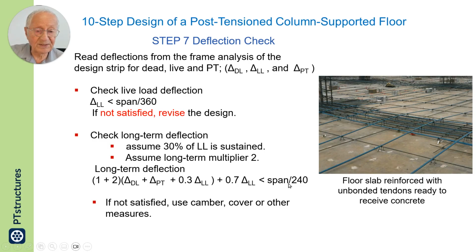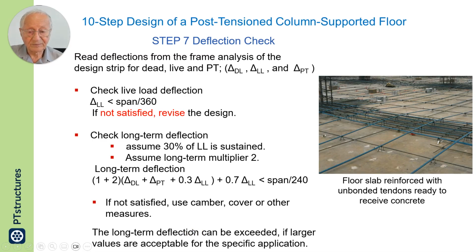I'm talking about this 240, not the live load. That live load you have to redesign, but for this other requirement, there might be remedy. The long-term deflection can be exceeded if larger values are acceptable for the specific application.